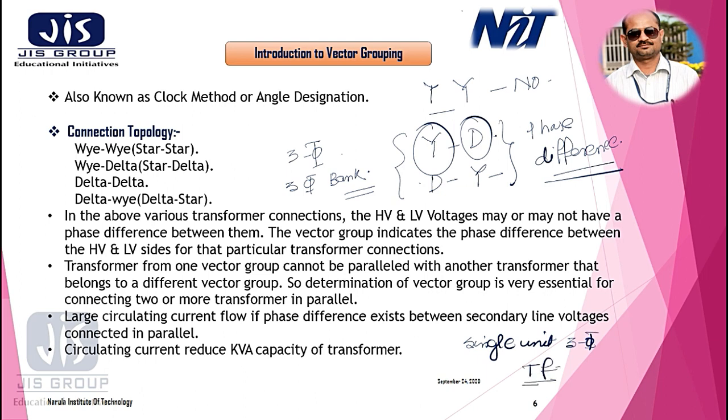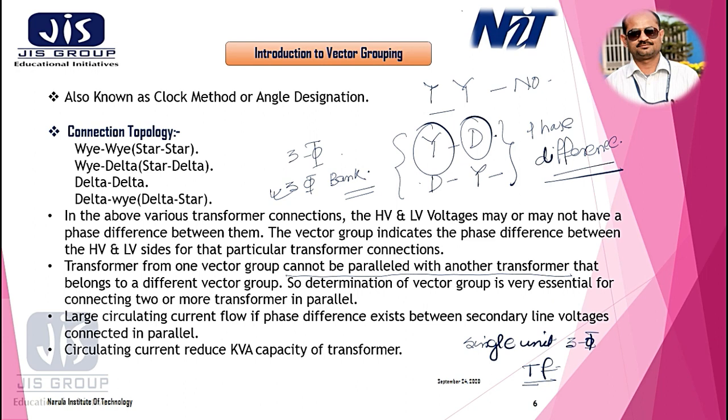Now in this 3-phase bank transformer, we connect 3 individual single phase transformers. Now a transformer from one group cannot be paralleled with another transformer, because in that case it will violate the condition of parallel operation of the transformer, that is the voltage ratio same, phase difference should be the same.